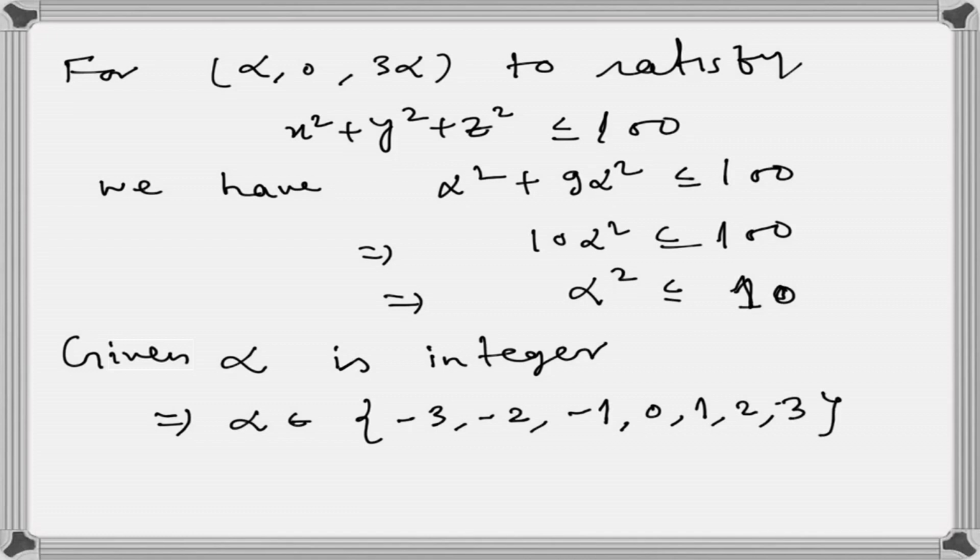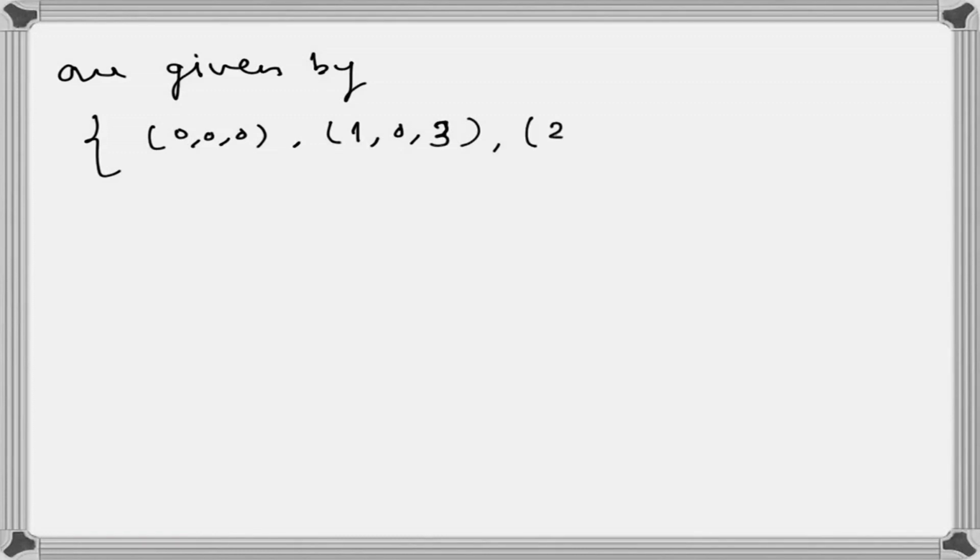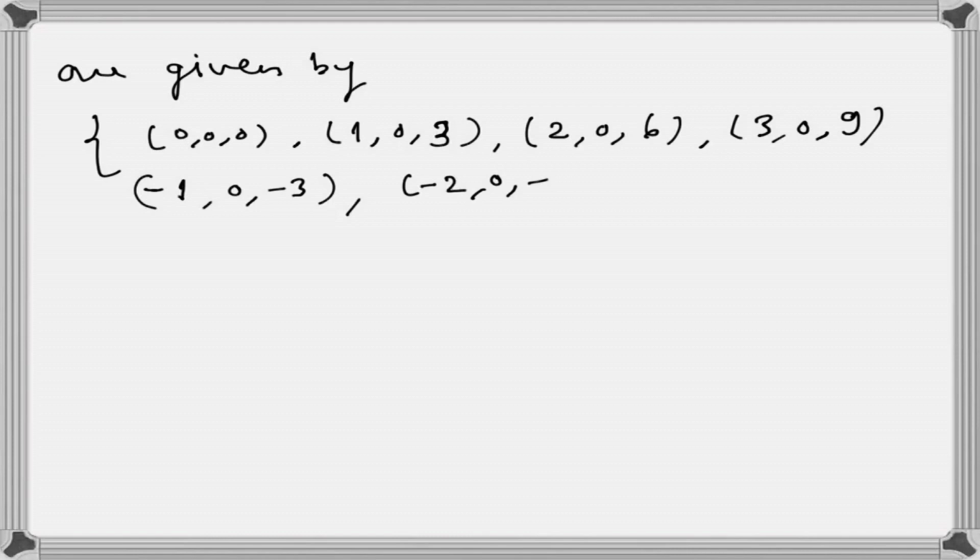Alright, then the integer solutions satisfying x square plus y square plus z square less than or equal to 100 are given by (0, 0, 0), (1, 0, 3), (2, 0, 6), (3, 0, 9), (minus 1, 0, minus 3), (minus 2, 0, minus 6), (minus 3, 0, minus 9).